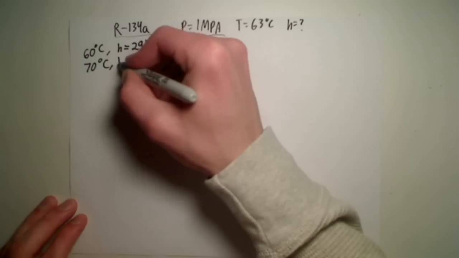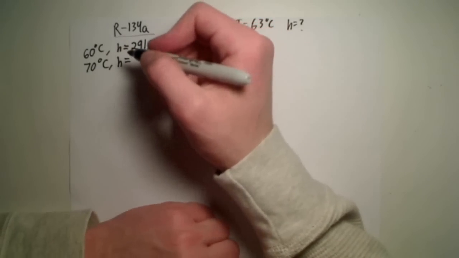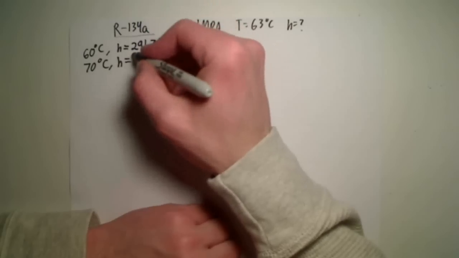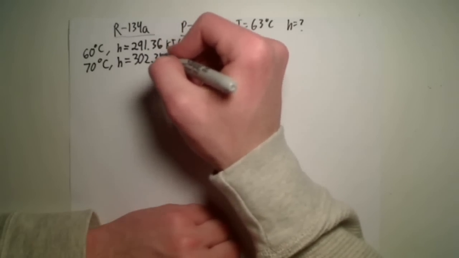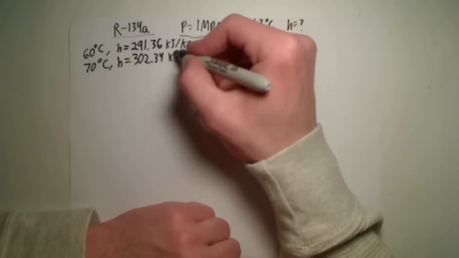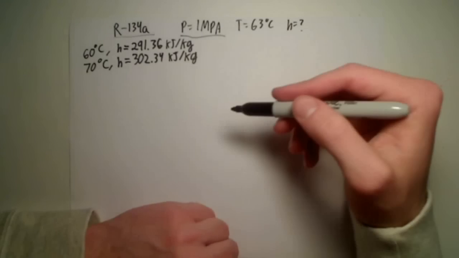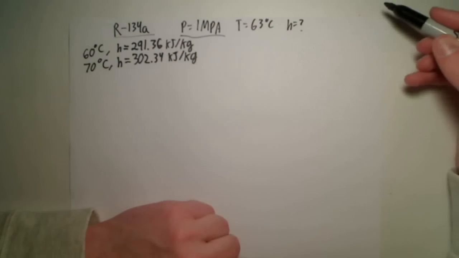And at 70 degrees Celsius, the enthalpy equals 302.34 kilojoules per kilogram.